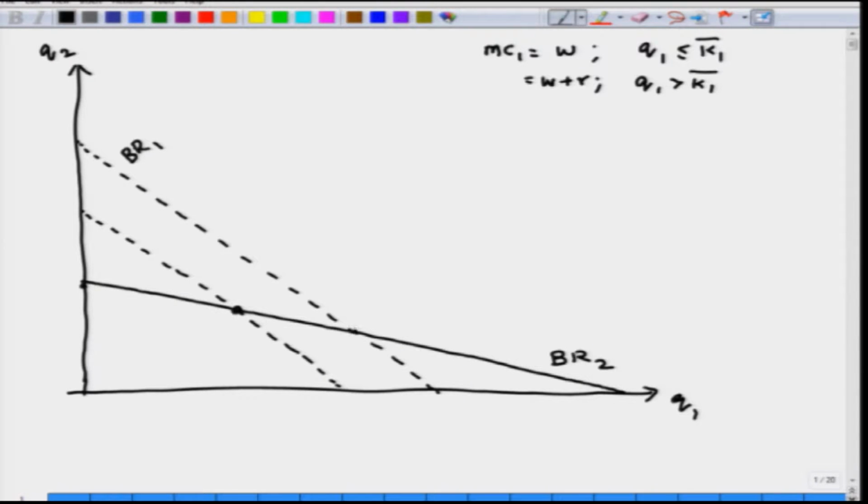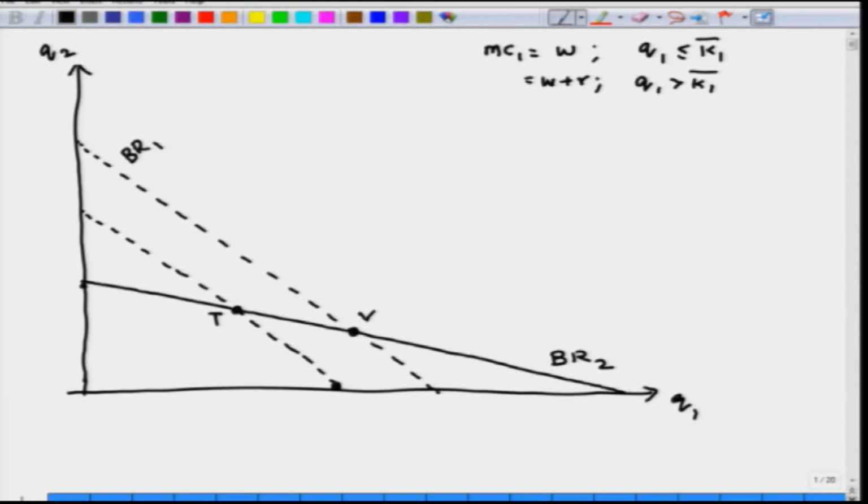We know that the Nash equilibrium output in stage 2 can be between T and V. T corresponds to the case where the Nash equilibrium outcome is symmetric, both the firms end up producing the same output, and the marginal cost for both firms is identical, which is W plus R. V denotes the other extreme, which is the least preferred outcome for the entrant. T is the most preferred outcome for the entrant, because as we move down the best response function for the entrant, notice that Q2 gradually falls.